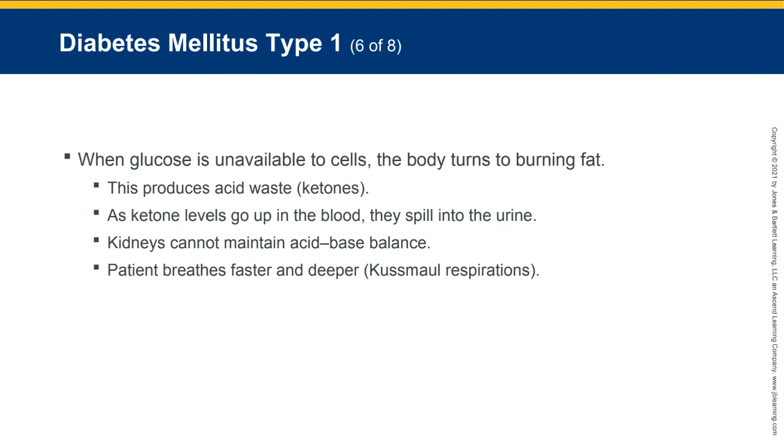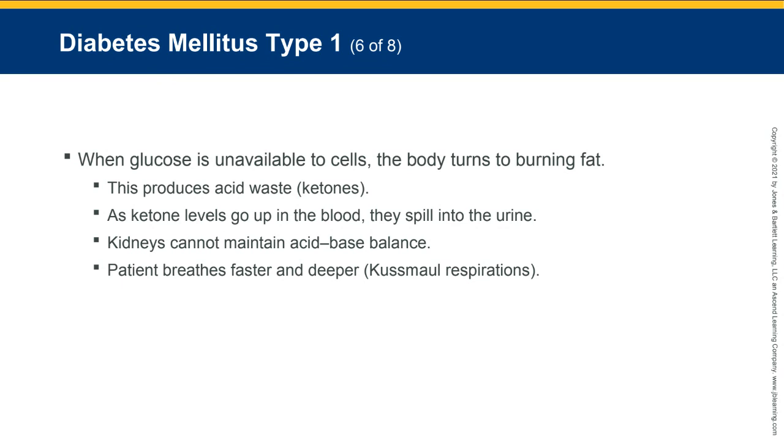The blood sugar, so glucose molecules, builds up in the blood. So it starts to build up in the blood, but it cannot enter the cells. So the cells are still demanding glucose. The body senses that, right? So the brain senses that.